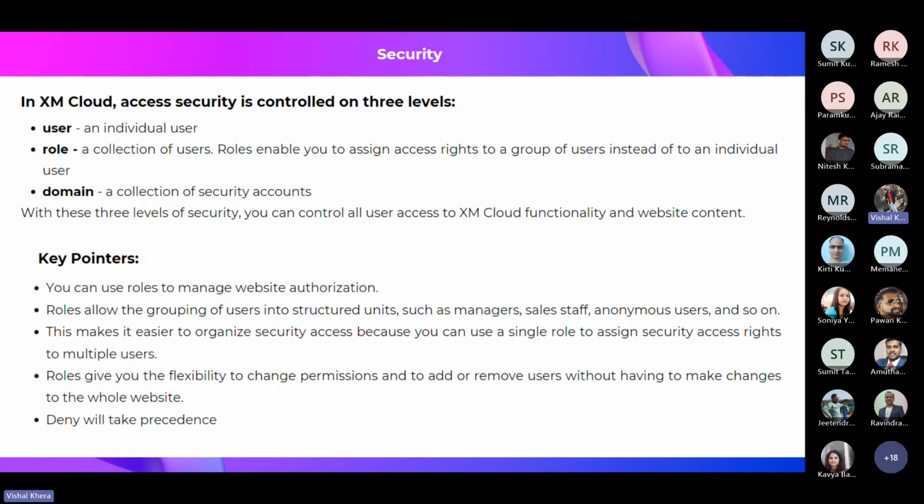Deny will always take precedence. If in one role we have given the access right, but in another role we are denying the read or write access for that particular item, then deny takes precedence, and the user will not be able to see that item. These are the basic things we need to see.